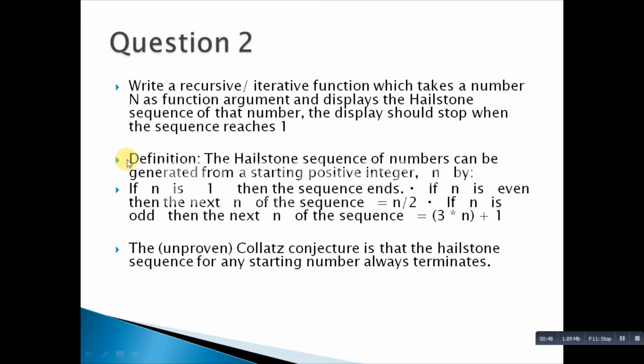Now the definition: Hailstone sequence of a number can be generated from a starting positive number n by, if n is 1, then the sequence ends, and if n is an even number, then the next n of the sequence is n by 2, and if n is odd, then the next is 3 into n plus 1. So this is known as Hailstone sequence.